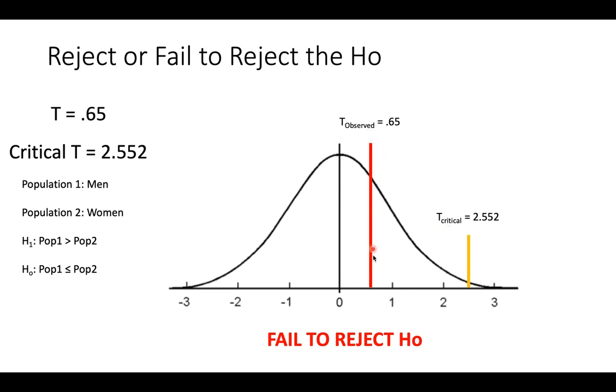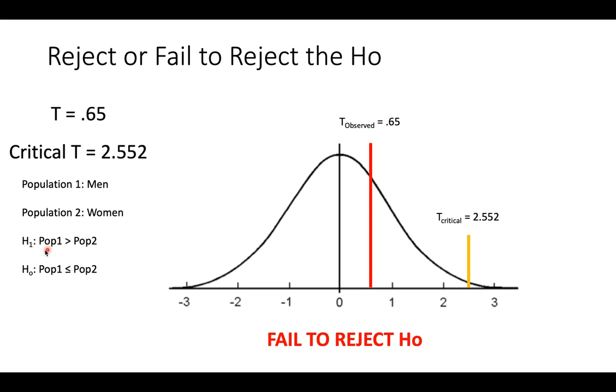And so because we were not more extreme, meaning beyond the benchmark, then what we do is we stick with the null, right? And this is the confusing language that we use in science. It's a kind of a double negative. We fail to reject the null hypothesis. And remember, the null hypothesis is the idea that the research hypothesis is incorrect.